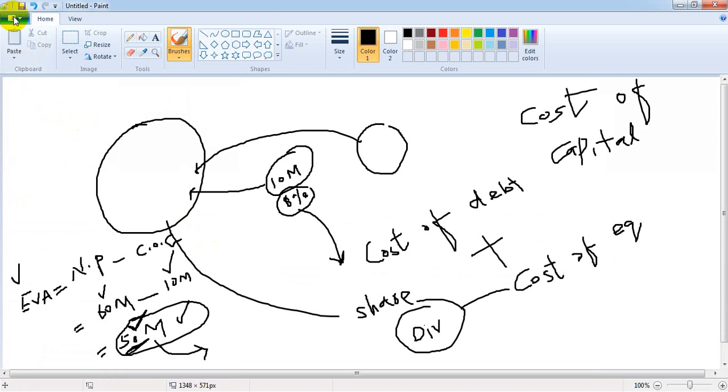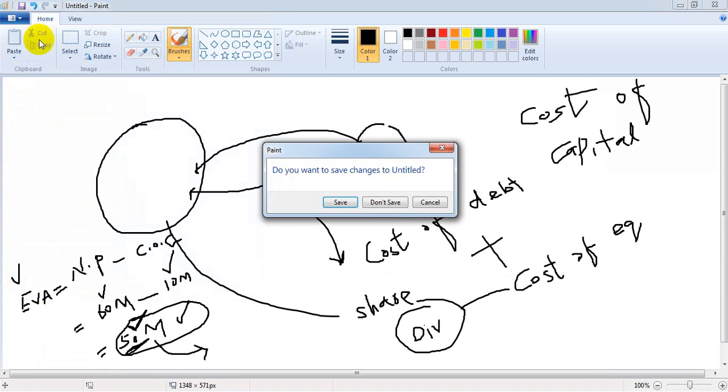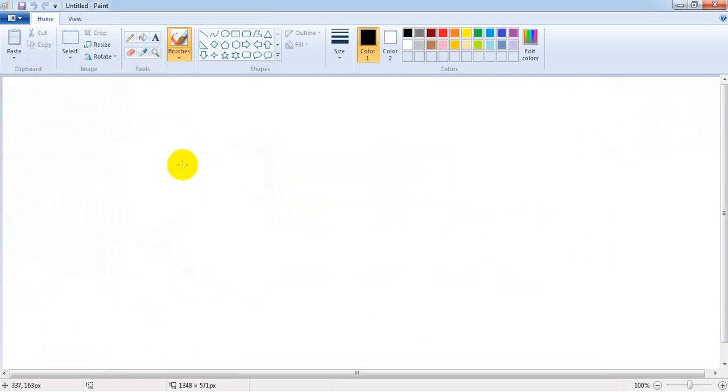Basically, an industry, like you people heard about the cement industry, like you people heard about the banking industry, like you people heard about the textile industry.